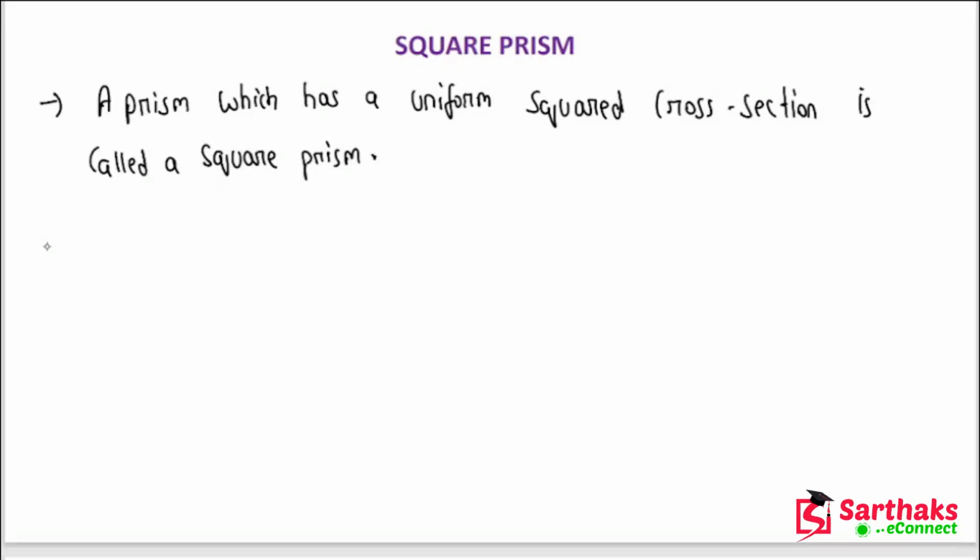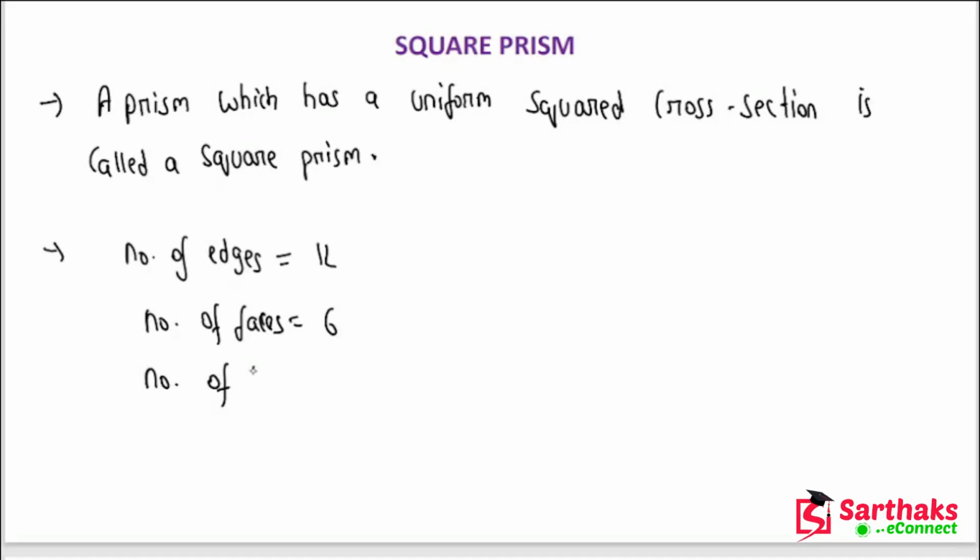If I talk about specifications, it is similar to a cuboid. The number of edges would be 12, the number of faces would be 6, and the number of vertices would be 8. There would be 6 faces because the base is a square which has 4 sides, so 4 lateral faces and 2 bases, 12 edges and similarly 8 vertices.